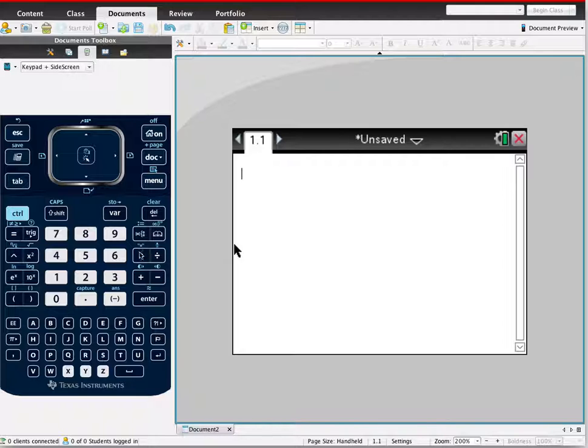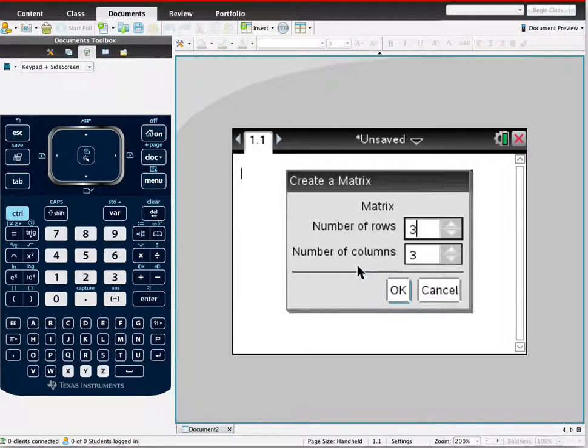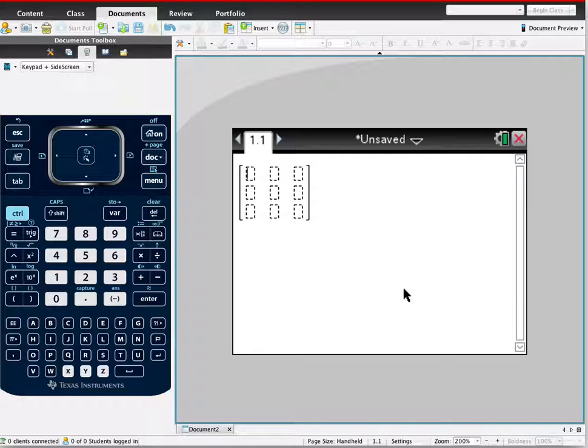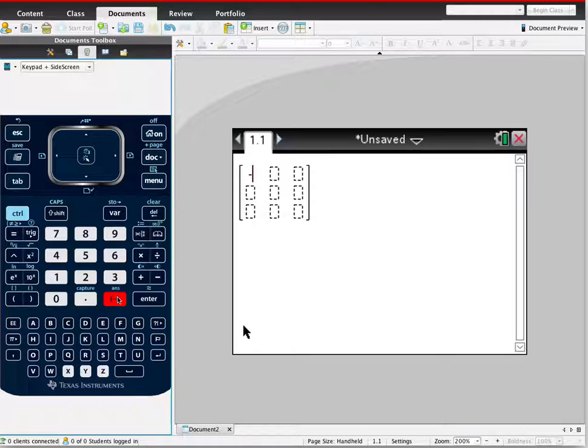So I'm going to hit my matrix button. The first one is a 3 by 3, so I fill it out. So I've got negative 3, I've got 1, I've got 6, I've got 2, 2, negative 5, I've got 4, negative 5, and 2.